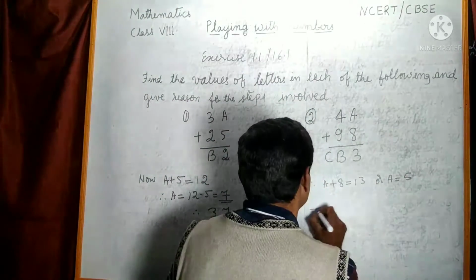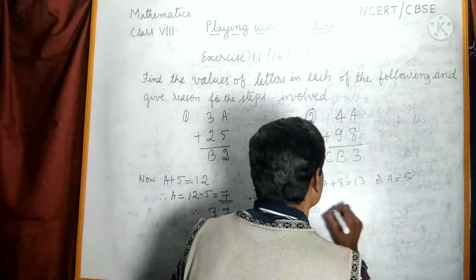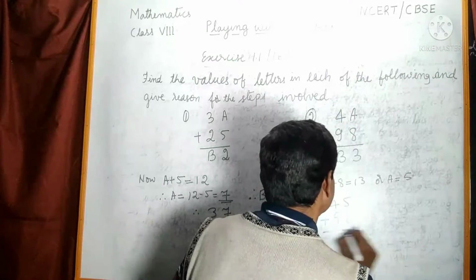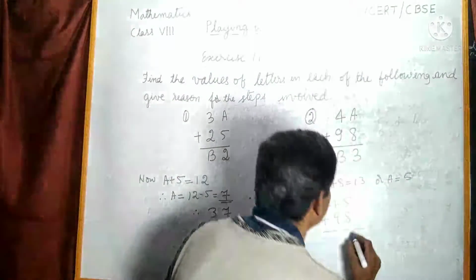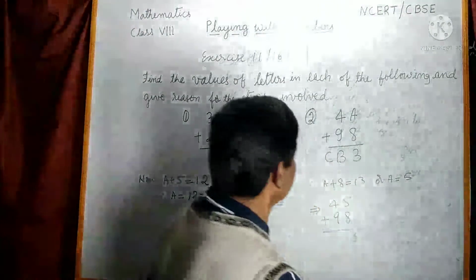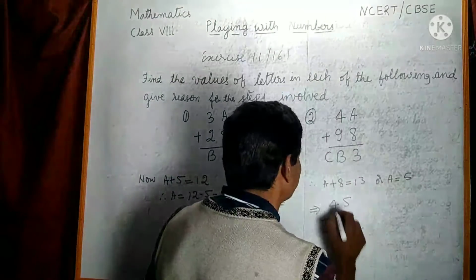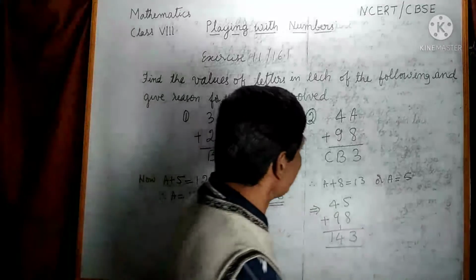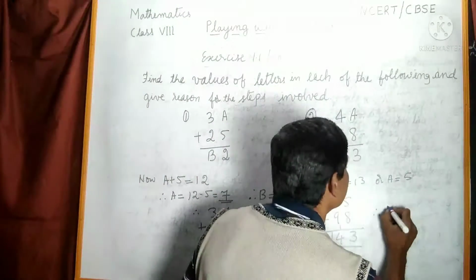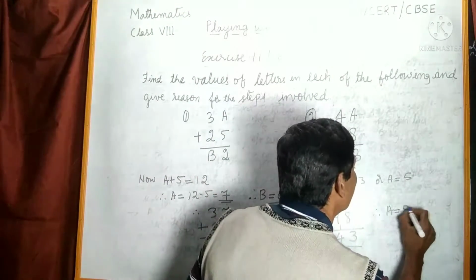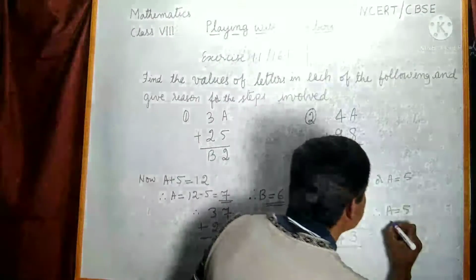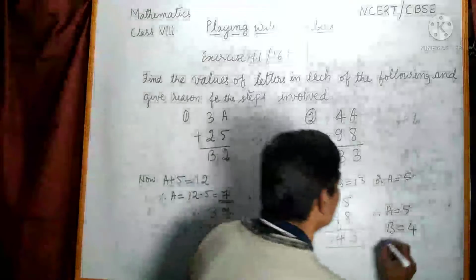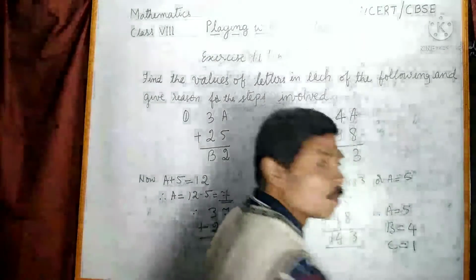So implies 45 plus 98 is equal to 9 plus 1 10, 10 plus 4 14. Therefore, value of A is equal to 5, B is equal to 4 and C is equal to 1.